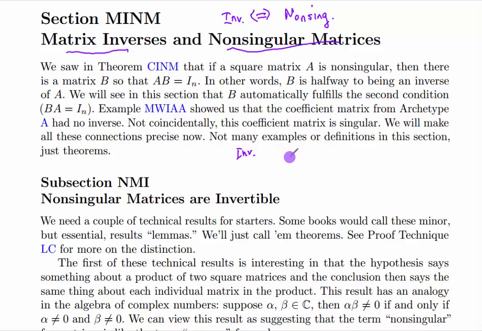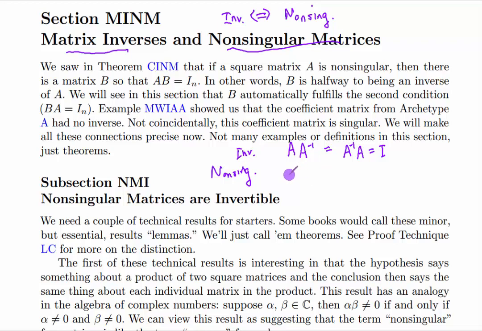Invertible means that if you have the matrix A, there exists another matrix A inverse such that A A inverse is equal to A inverse A is equal to the identity matrix. And remember also what non-singular means.